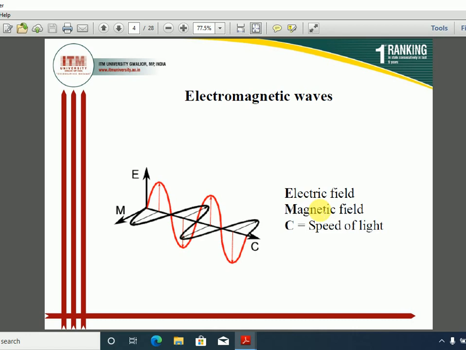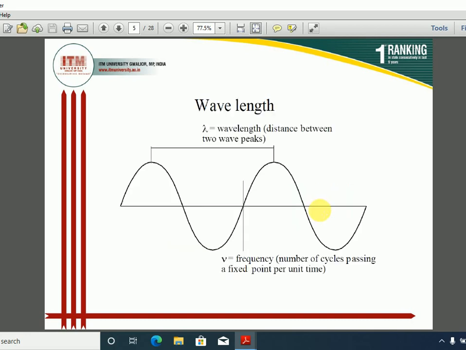Electromagnetic waves are waves which, when passed through the electric field and the magnetic field simultaneously, have characteristics in the electric field and in the magnetic field that are perpendicular to each other. So any type of wave which shows a perpendicular relationship in the electric field and magnetic field is considered to be an electromagnetic wave.